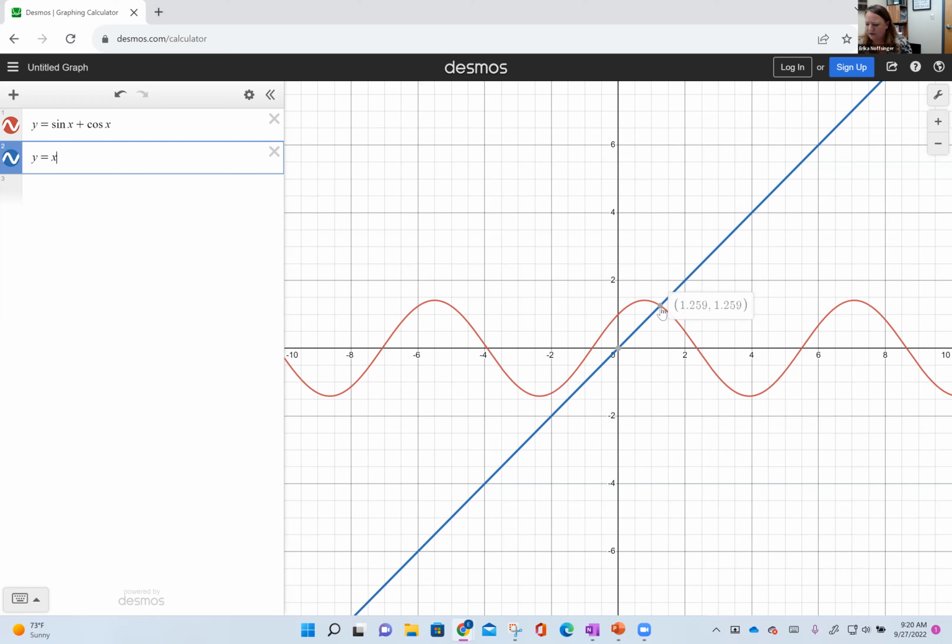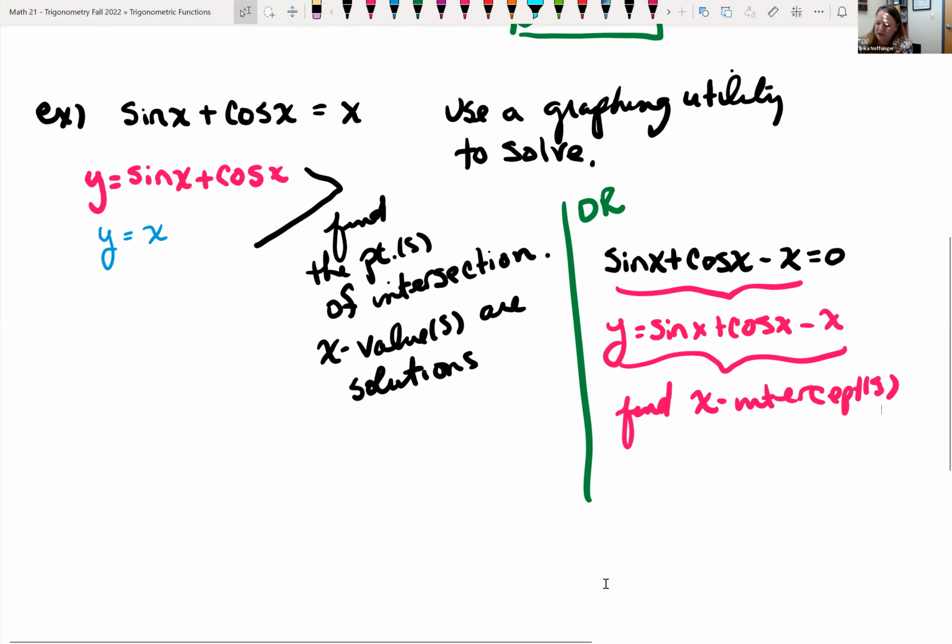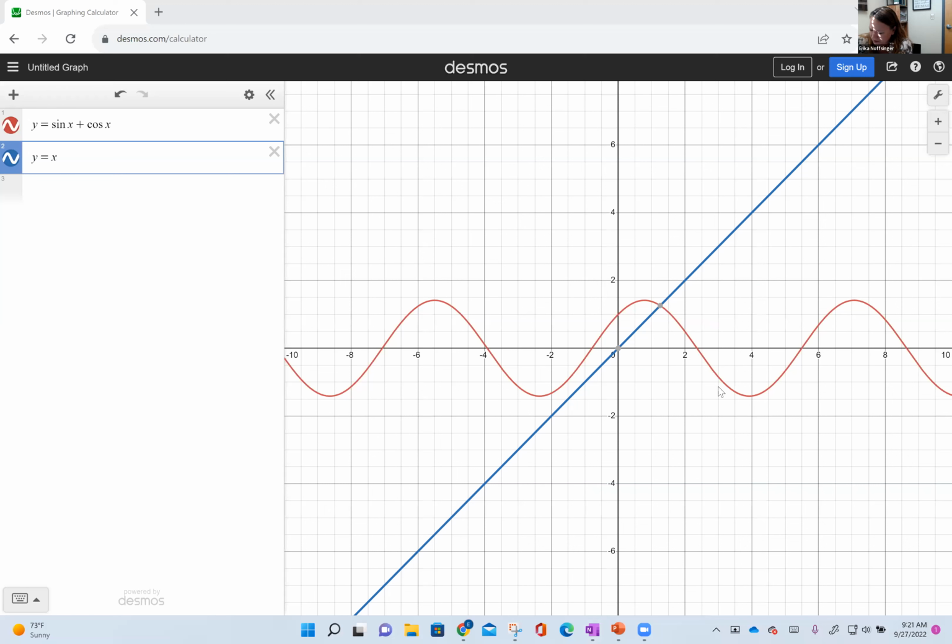That point of intersection is 1.259, 1.259. So the x value would be 1.259. So we saw where this was intersecting was at x equals 1.259.